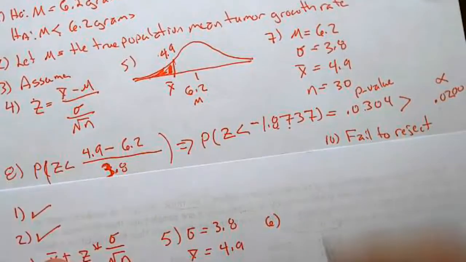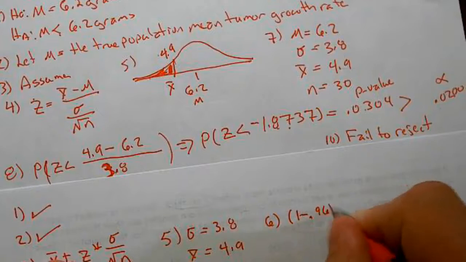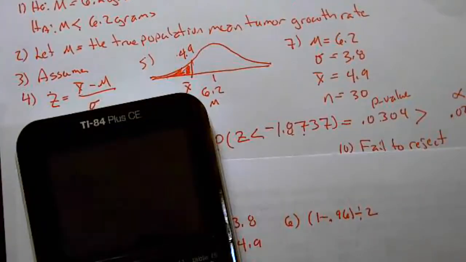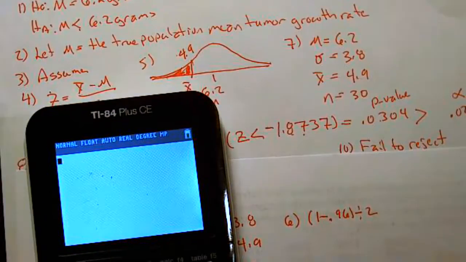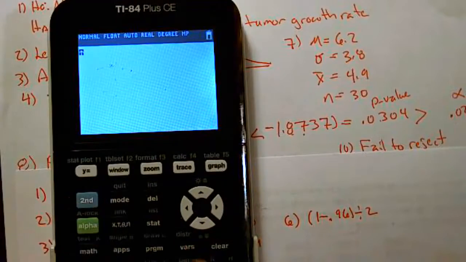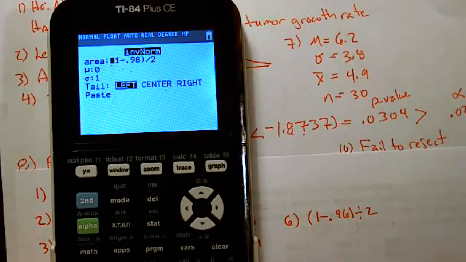So to do that, I need to make sure that I'm doing 1 minus 0.96 divided by 2. That's what I need to be putting in the calculator. So here we go. This is the second vars. So second vars, inverse norm, parenthesis 1 minus 0.96, close parenthesis divided by 2.